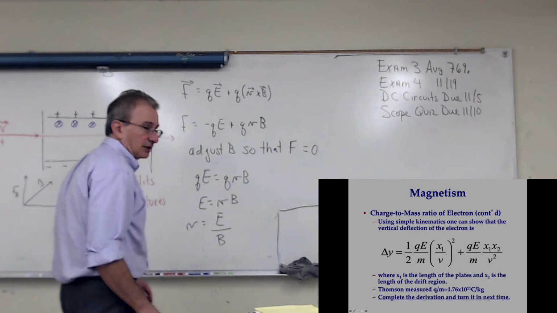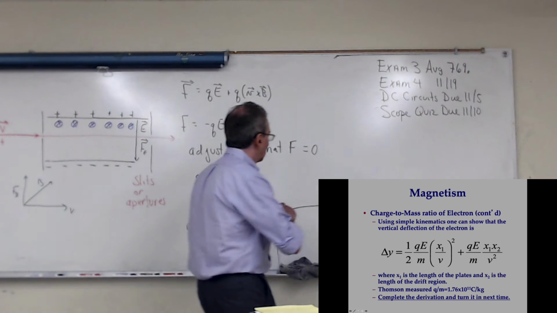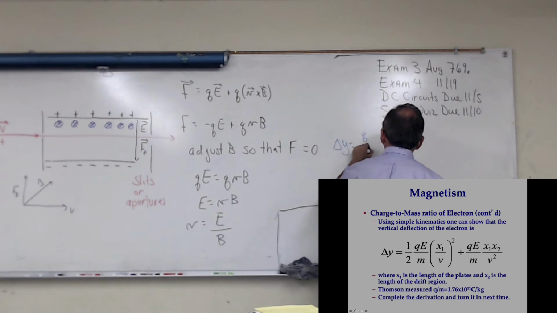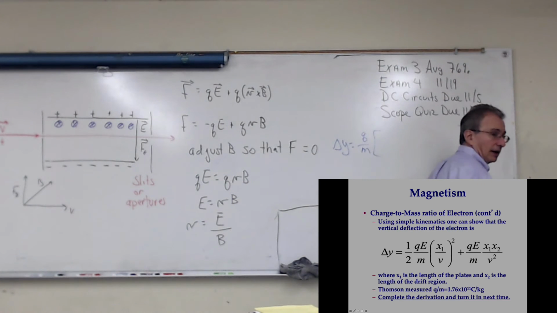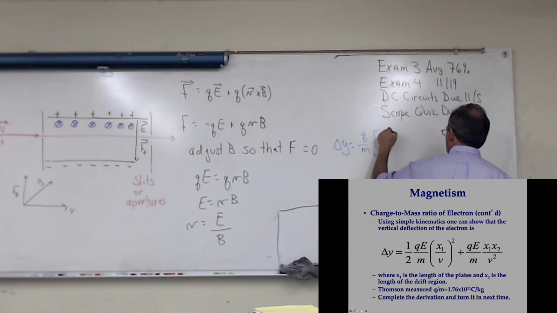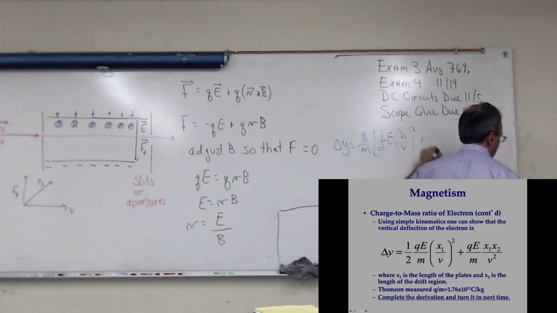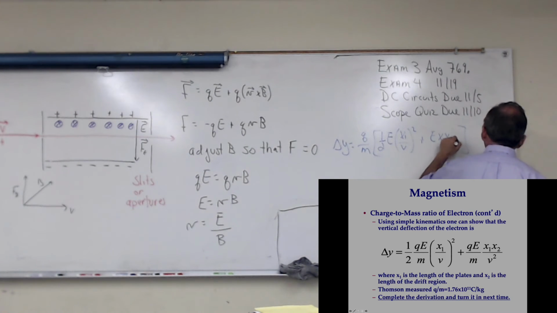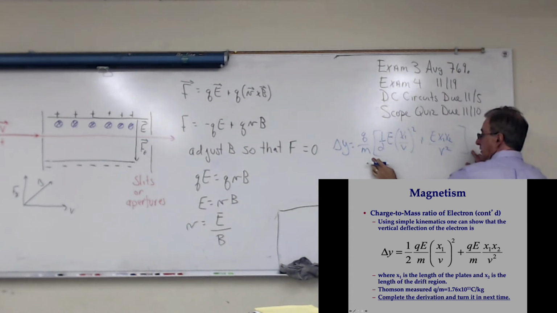If you take that equation and pull the Q over M out, everything that I'm going to have in the brackets is measurable. 1/2 E times x1... So all this stuff is measured already, and this is measured, so you can get the charge to mass ratio.